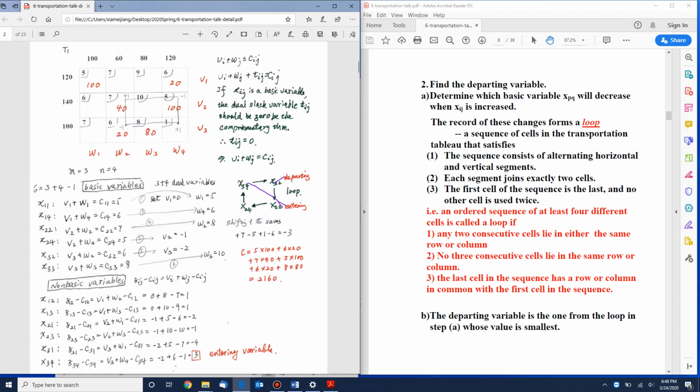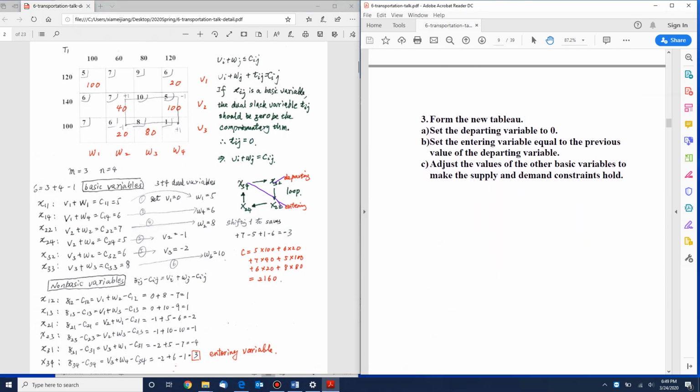So that's 7 minus 5 plus 1 minus 6 equals minus 3. Whenever it's a negative sign, that means if we do this change, we will save $3. We save this amount each time. So we want to minimize the cost. That means we want to do the shift as many times as possible. So here we have at most 20 to be shifted to cell 3 4, right? So in this way, we just change all of this.